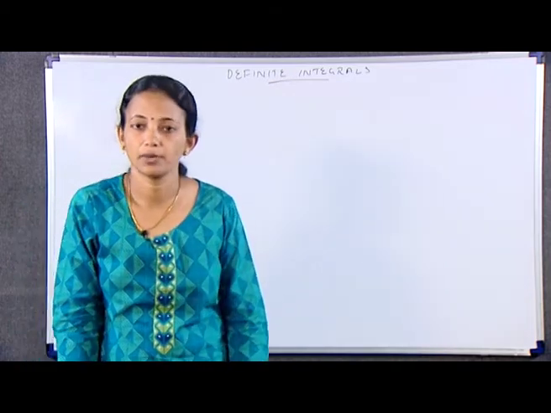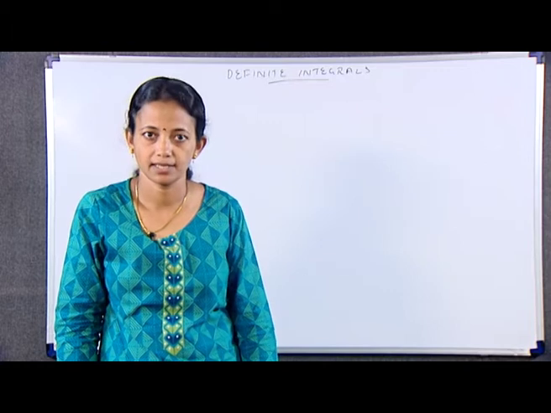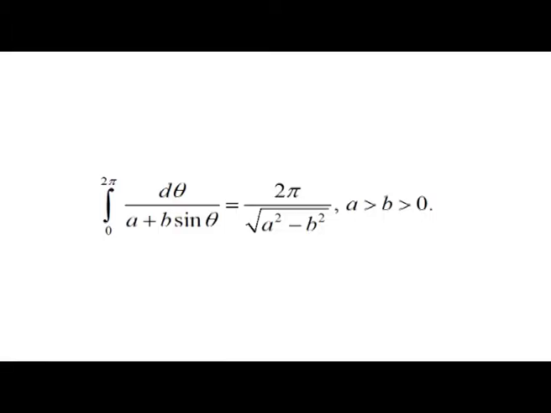Proceeding as in the above example, it can be seen that integral 0 to 2 pi d theta by a plus b sin theta is the same as 2 pi by square root of a square minus b square. Of course, a greater than b greater than 0.